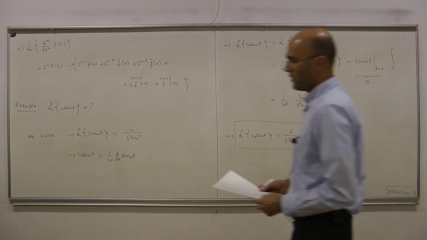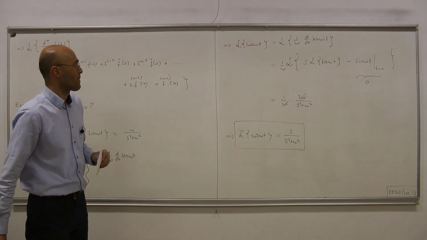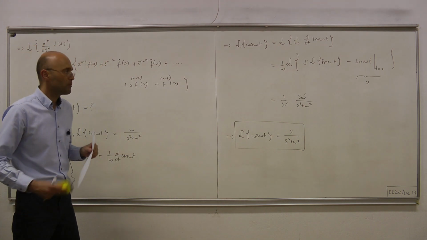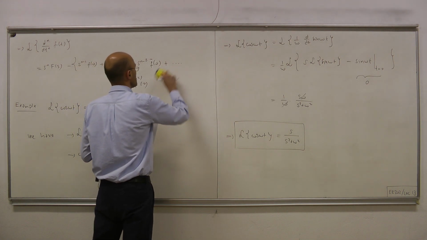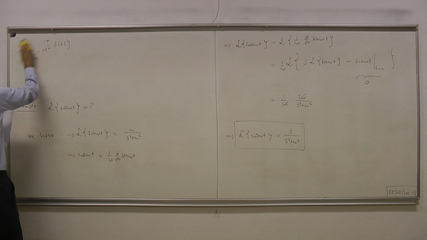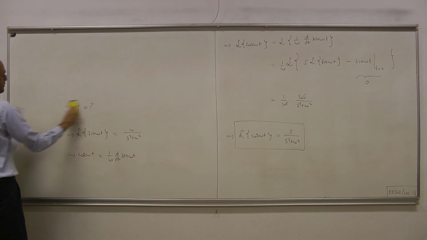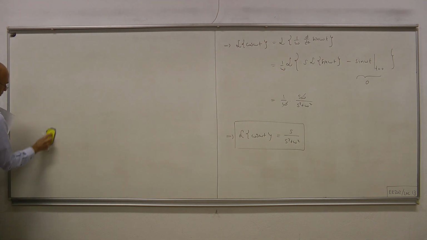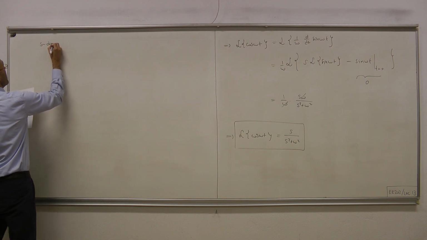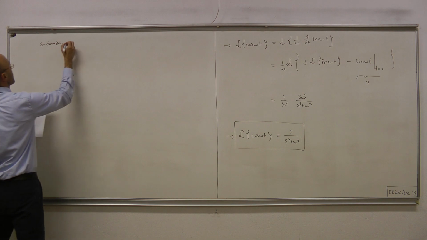Now there are a few other properties, and they are not as important as the ones that we have covered, but for the sake of completeness, let's also put them down, and then we can finish our review. One of those properties is the s-domain translation property.